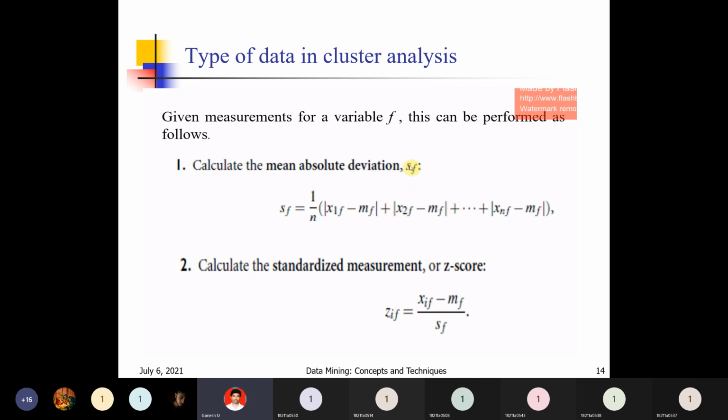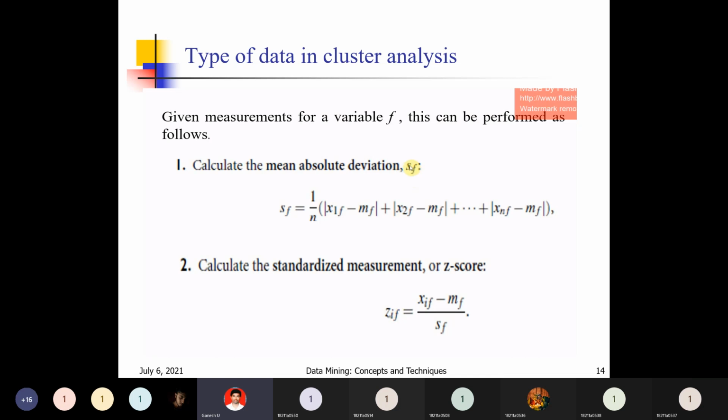Then calculate the standardized measurement, the z score. The z score is equal to (xif minus mf) by s_f. S_f we already found out as the mean absolute deviation.